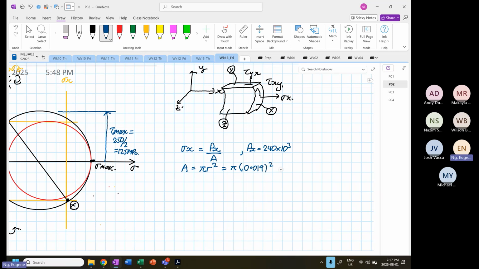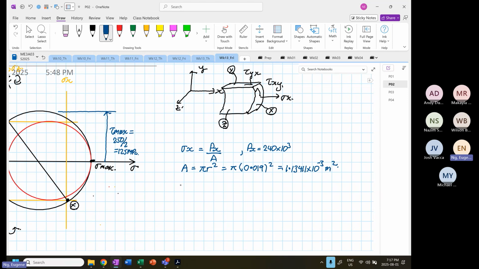And then squared. So this is 0.019 squared. So it's 1.13411 times 10 to the power minus 3 meter squared.